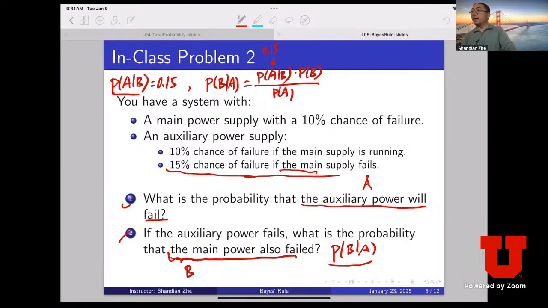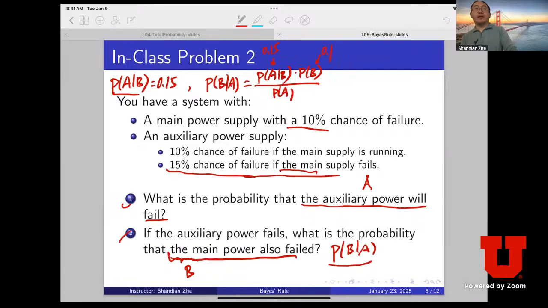We all agree with that. So what's the probability of B? What's P of B? 0.1, right? We can see that from the first statement. The main supply has a 10% chance of failing, so this guy is 0.1.